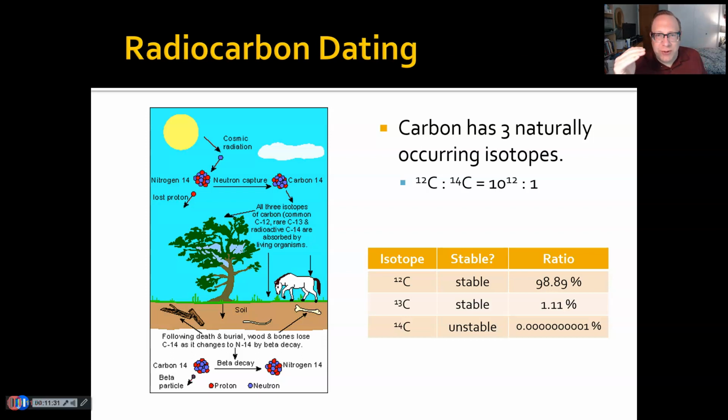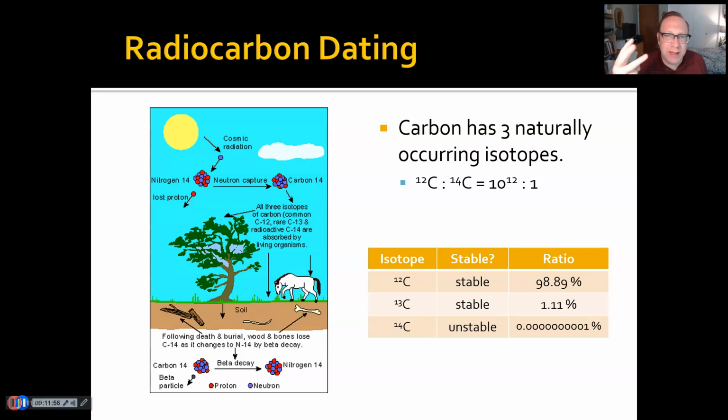For any radiometric dating system to work, you need to have a start to the clock. You have to be confident that there was a point in time that you can measure from. And in radiocarbon dating, it relies on the fact that proportions of different carbon isotopes in the atmosphere are consistent.